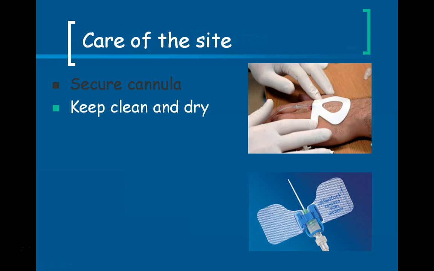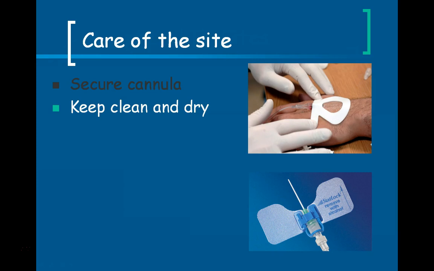We also want to keep the site clean and dry, and so we want to make sure that our dressing is occlusive, or that it's covering the entire site of the puncture that occurred. So the insertion site, we want it covered. We don't need to change the dressing or clean underneath it. Generally, we put the dressing on and leave it.